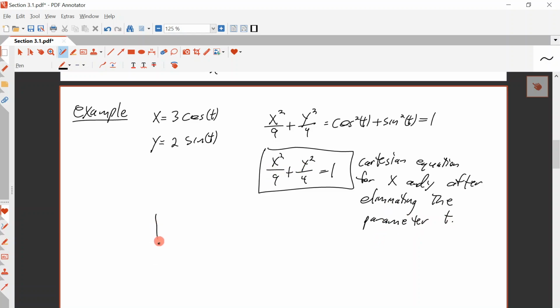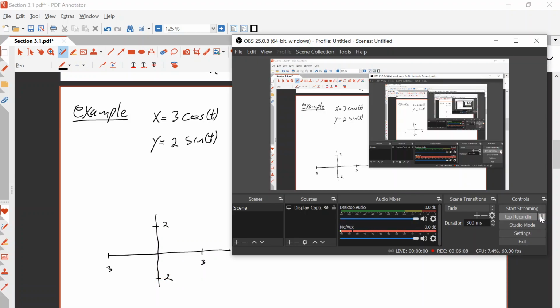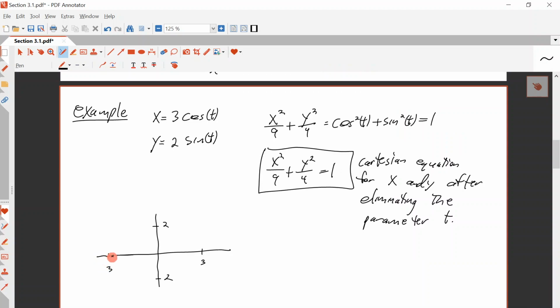And this is the ellipse whose radius along the x-axis is 3 and along the y-axis is 2. So the ellipse, let's see, is this here. Now, how is the motion along this ellipse? How are we going to describe that?